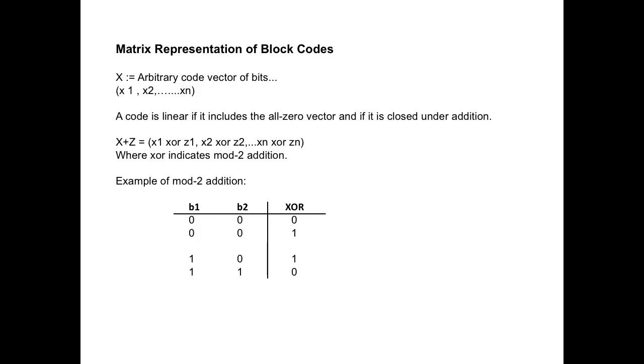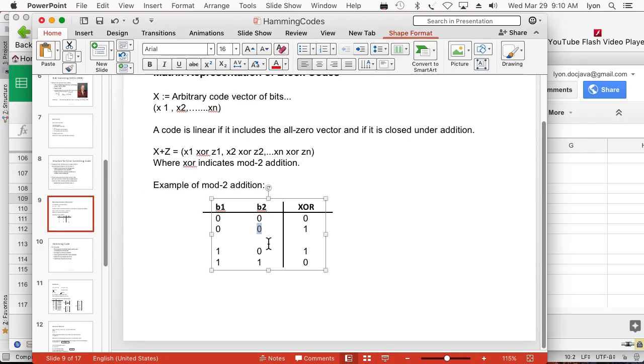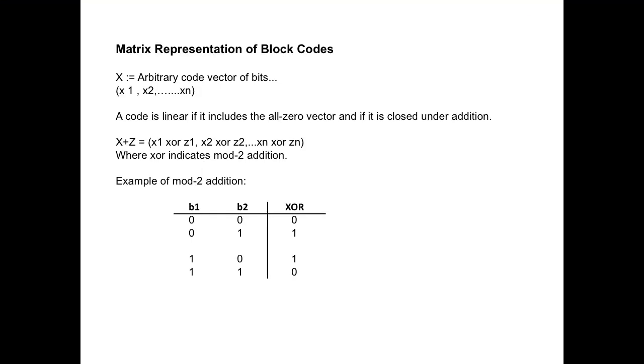And so when we think about modulo 2 addition, there's a little bug here in the slide I see. This has to be a 1. There we go. Fix that right there. We think about the standard exclusive OR operation.